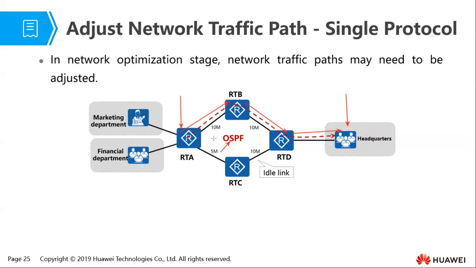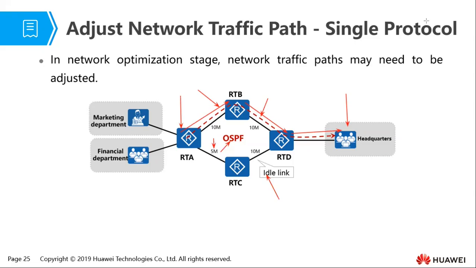So even though this has a lower bandwidth, it still works. We need to balance, because if all the packets are passing through RTB, then this link will remain idle, which is not right. And we can also have congestion on this link, because many packets are passing through that direction.